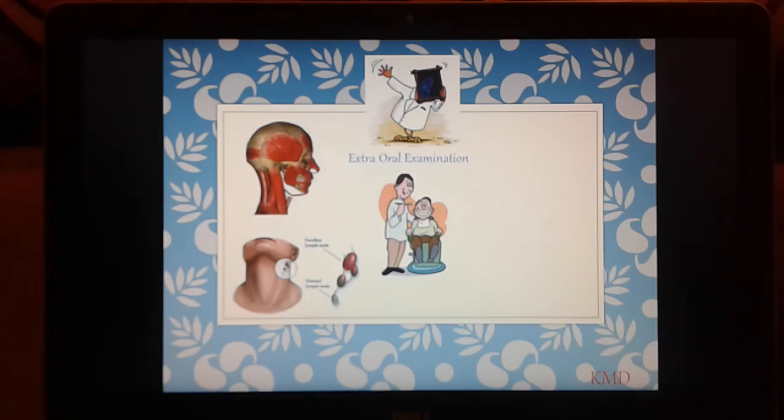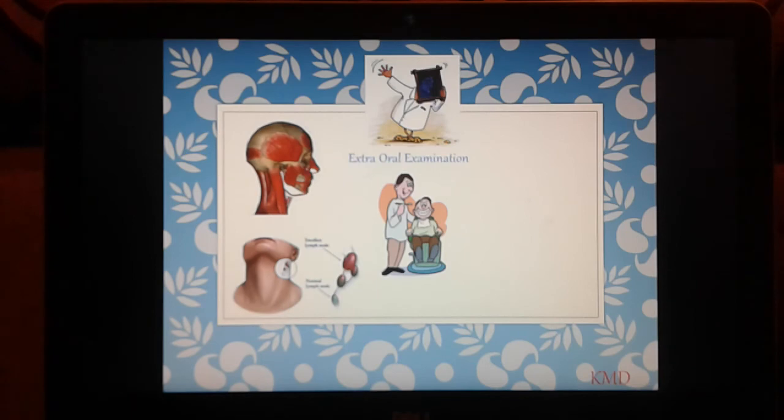The sixth being the central compartments, which are the pretracheal and paratracheal lymph nodes. And finally, the seventh level cervical nodes are the infraclavicular and mediastinal lymph nodes.